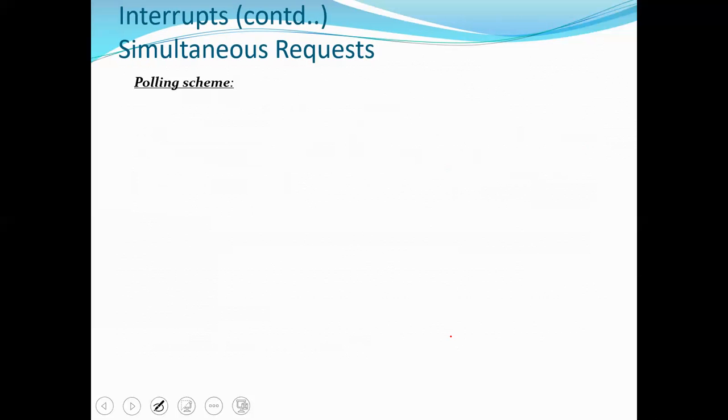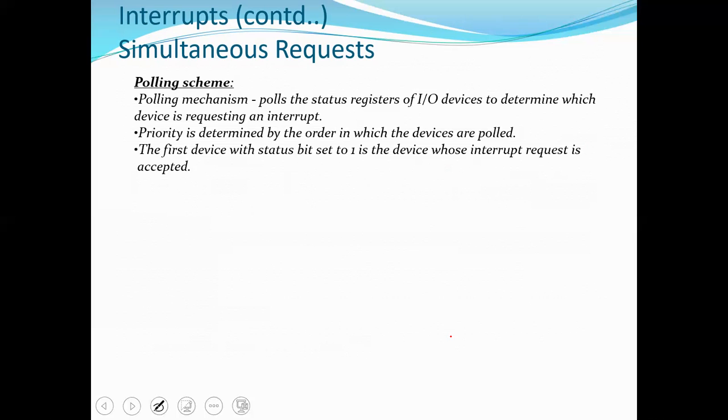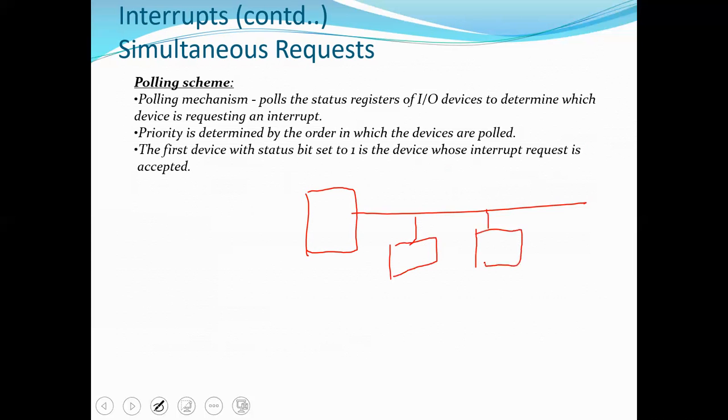So what happens in the polling mechanism? The processor, as usual, is connected to the IO devices. The processor checks which device has sent the interrupt request. Suppose device 1 and device 3 have sent the interrupt request simultaneously.